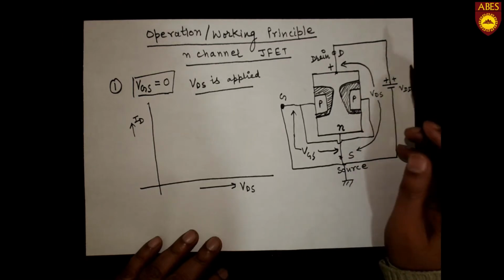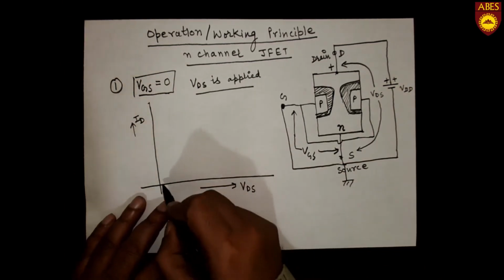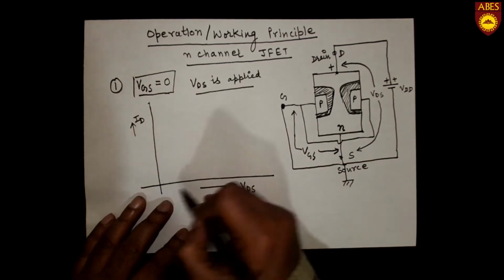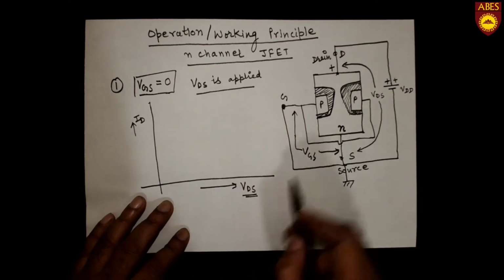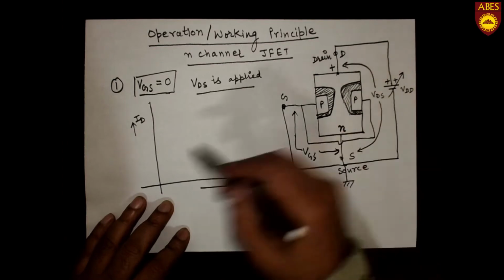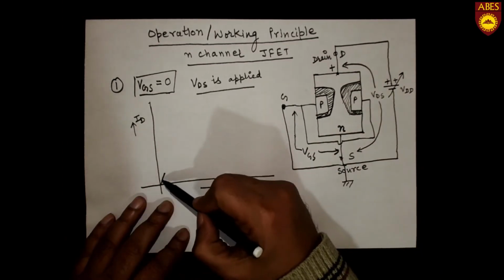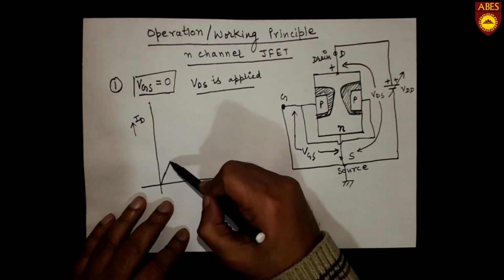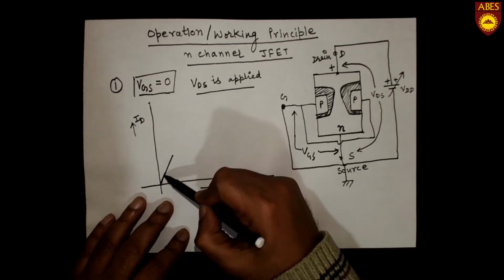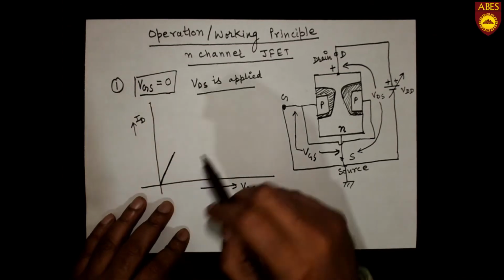Now when voltage is applied, and if we increase VDS, then current starts flowing like this, and if we keep on increasing the voltage, current also increases. But what will happen then?